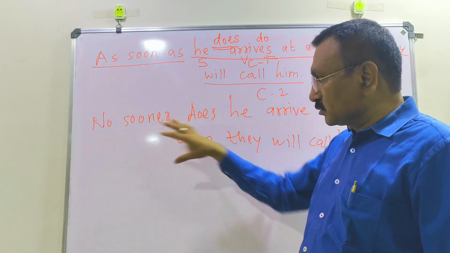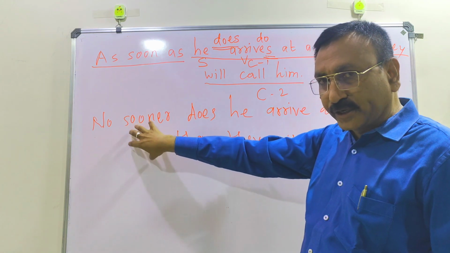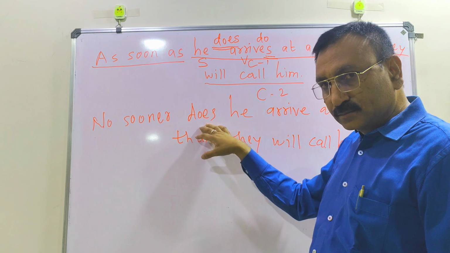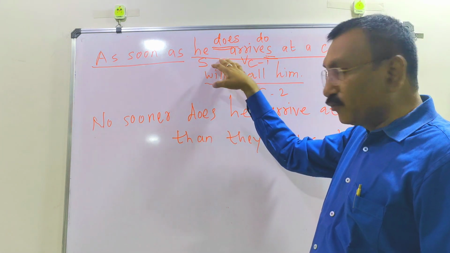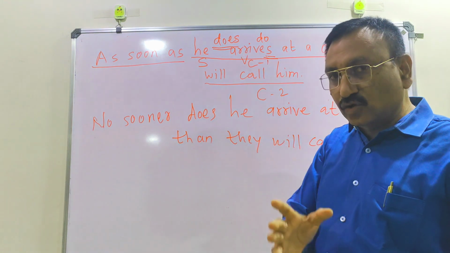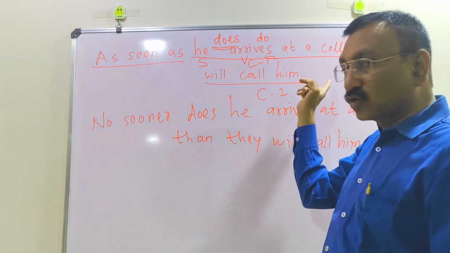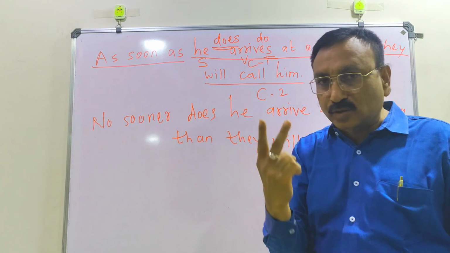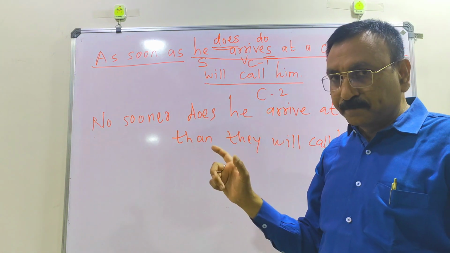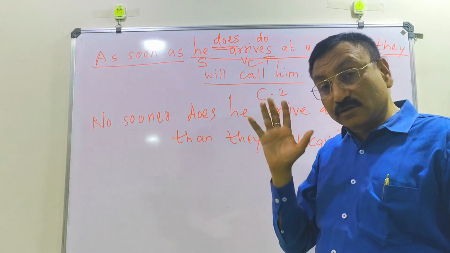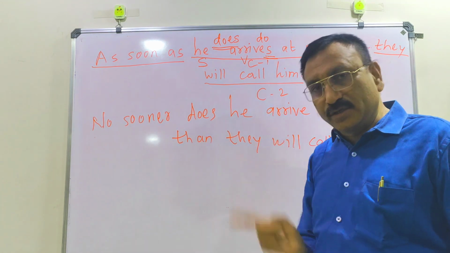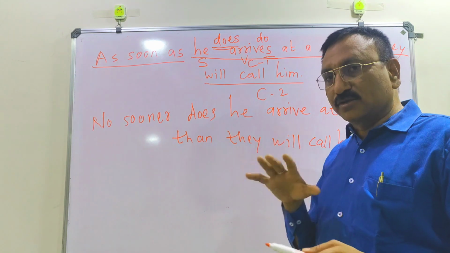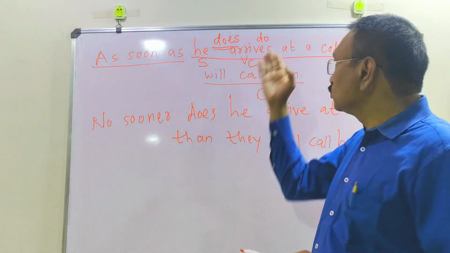Remember the sequence. First, begin the sentence with the conjunction no sooner, then use the auxiliary verb. If the auxiliary verb is not available, identify the tense of the first clause. He arrives at a college. The sentence is in simple present tense. In simple present tense, we use two types of auxiliary verbs, does and do. If the verb has the suffix s or es, then we use does, and if the verb doesn't have the suffix s or es, we use do.